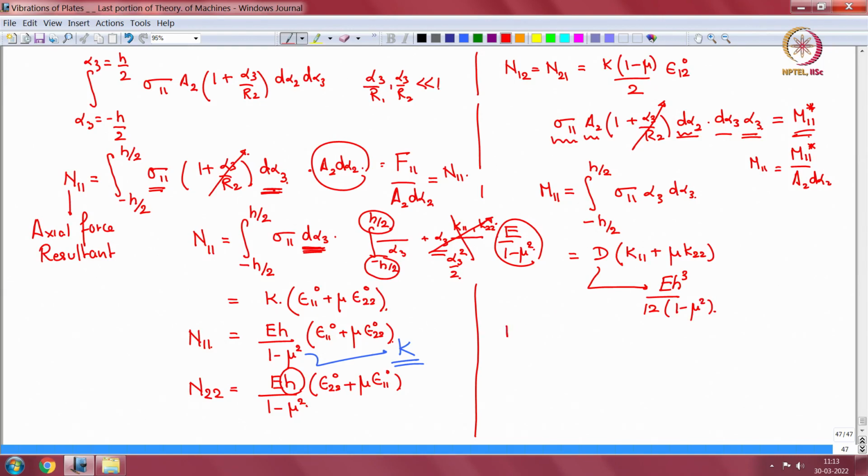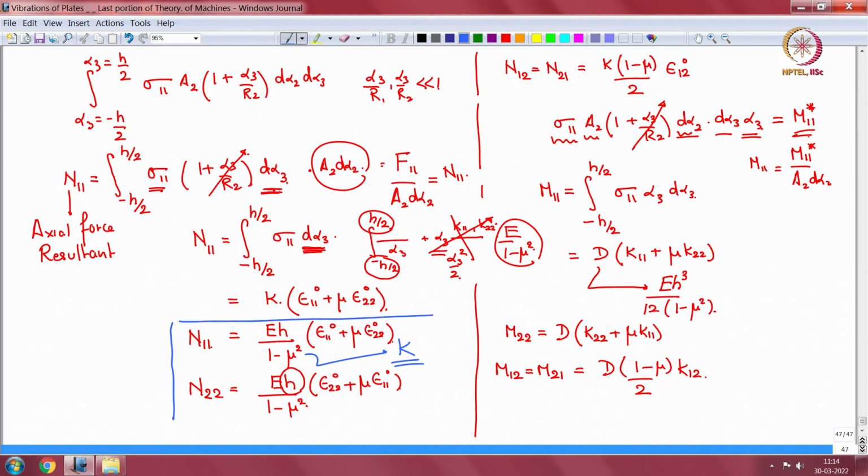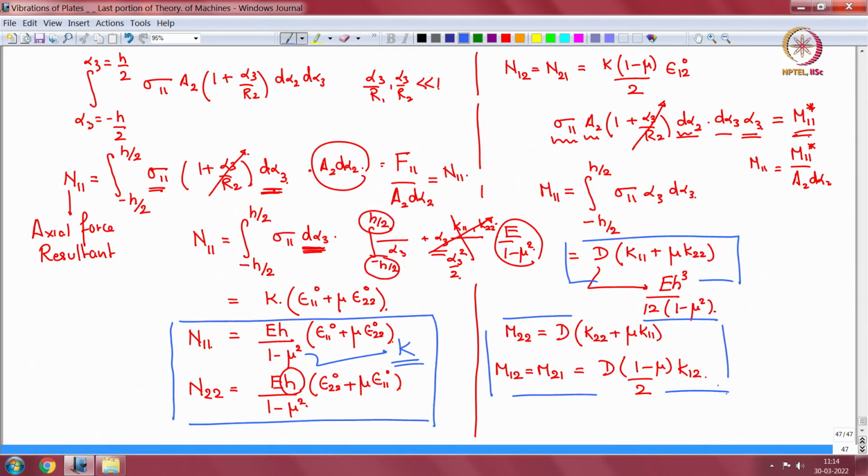So similarly, M22 is D times the symmetric term, and M12 is equal to M21 is equal to D times (1 minus mu over 2) k12. Okay. So let me do some marking in case I come back here.